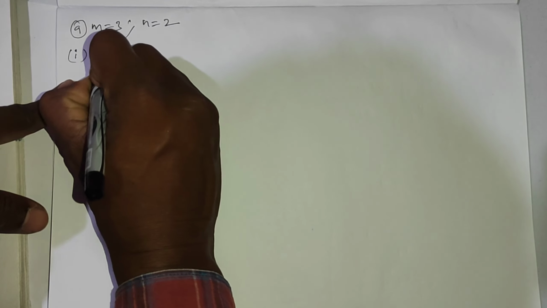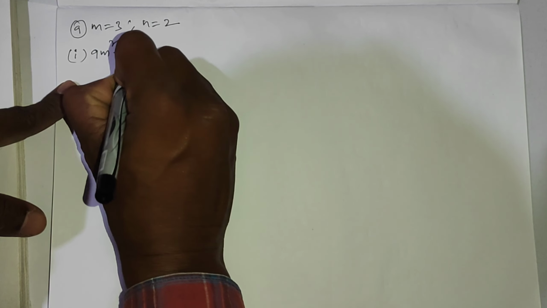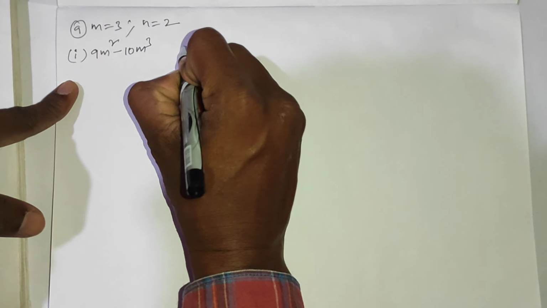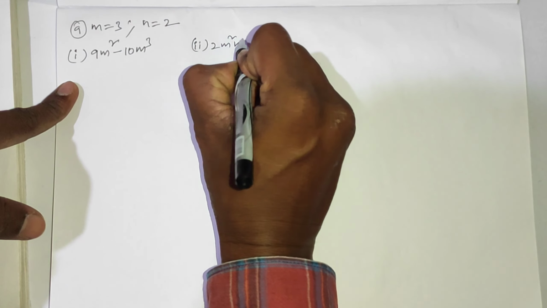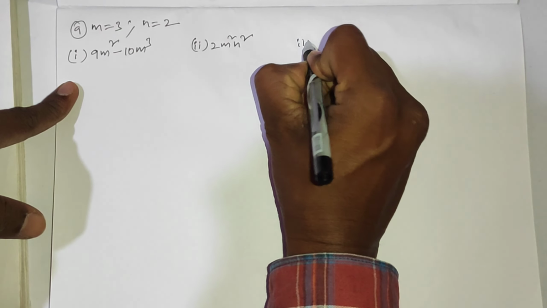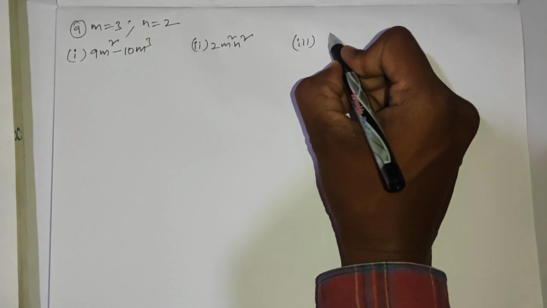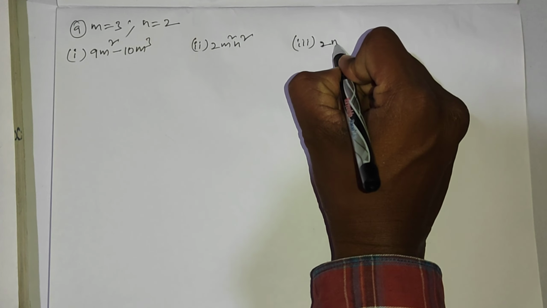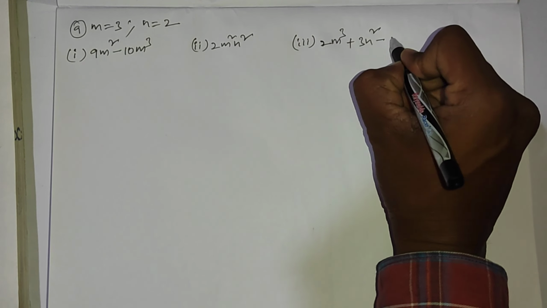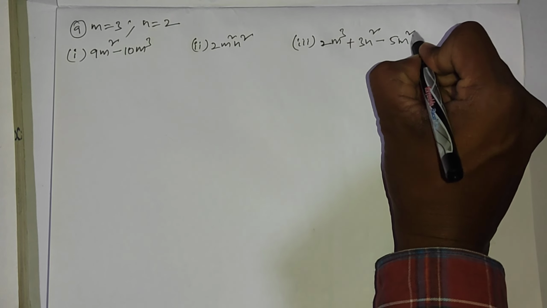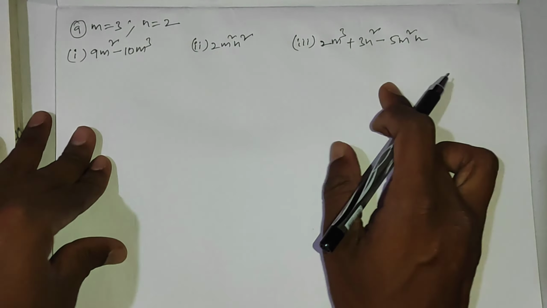First one is 9m square minus 10n cube. Second one, 2m square n square. Third one, 2m cube plus 3n square minus 5m square n. Okay, after completing we'll do the last one.